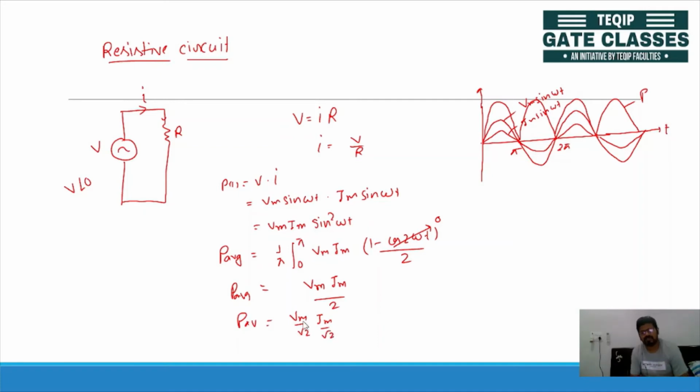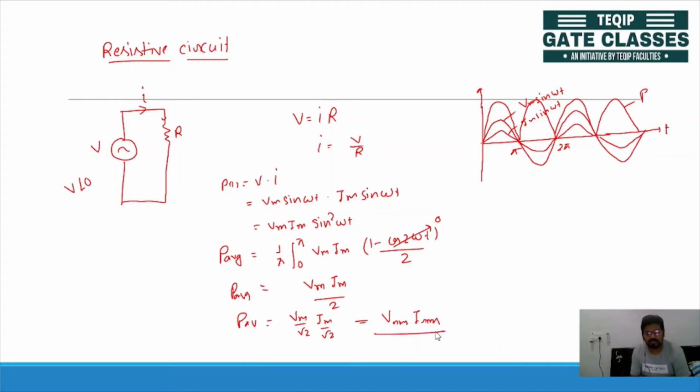In the last lecture we have seen that the maximum value by root 2 is our RMS value for a sinusoidal waveform. It means your P average is equal to V RMS into I RMS.